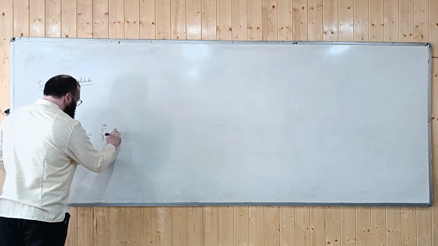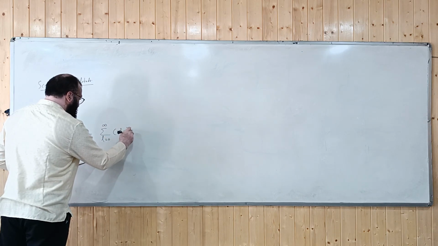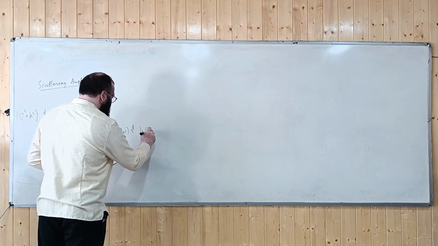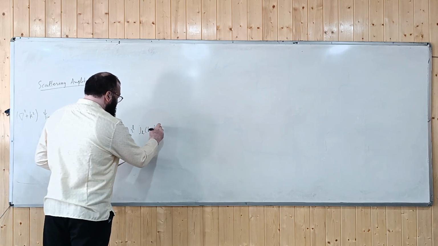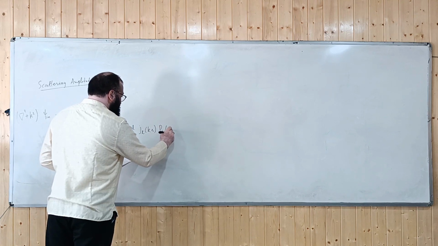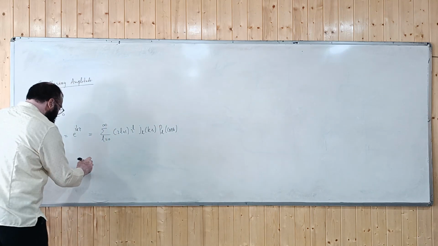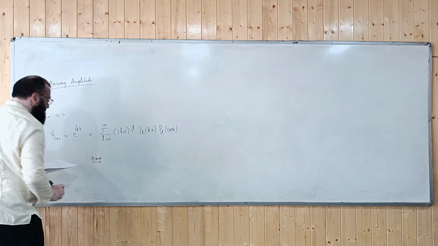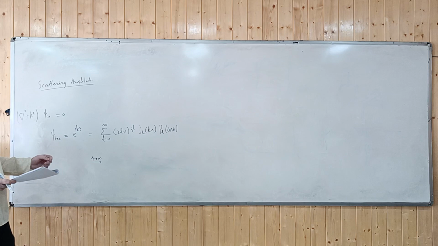So that's the sum from l equals 0 to infinity of (2l+1) i^l j_l(kr) P_l(cos θ), where j_l is the spherical Bessel function. This is actually in r, because we are interested in the asymptotic limit, r tends to infinity.